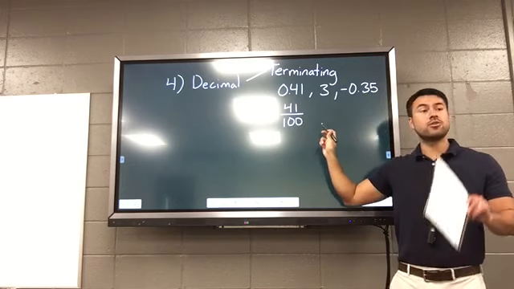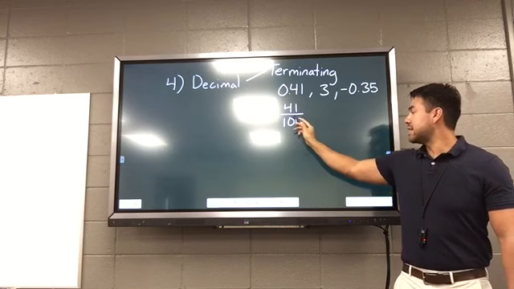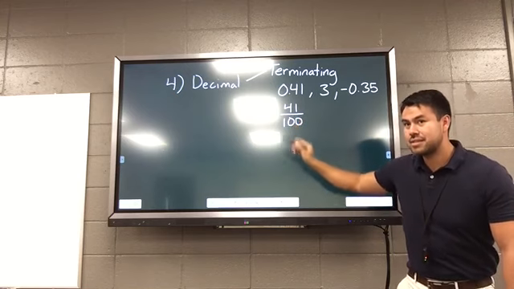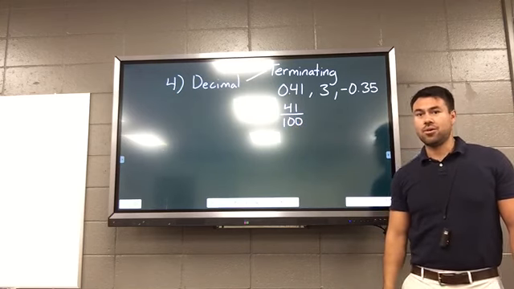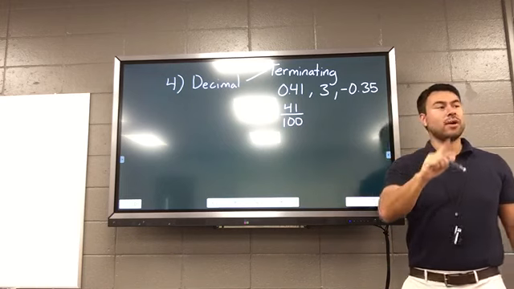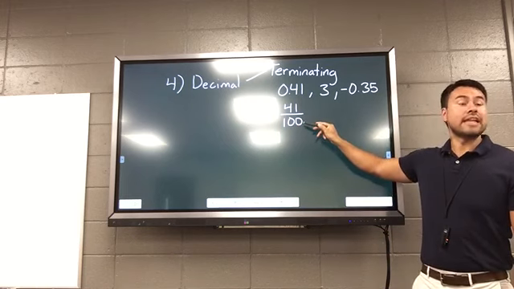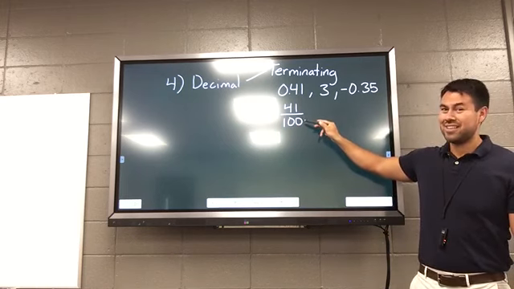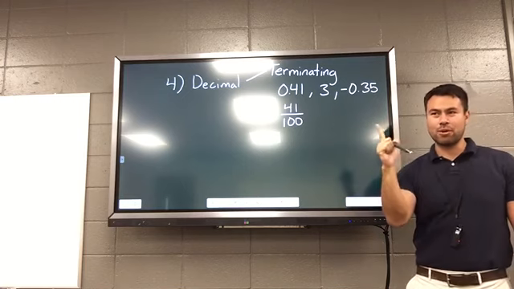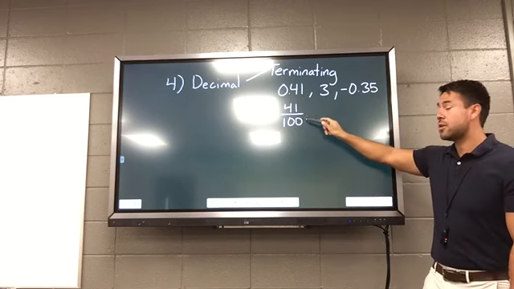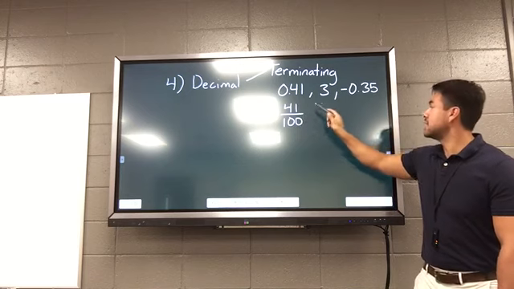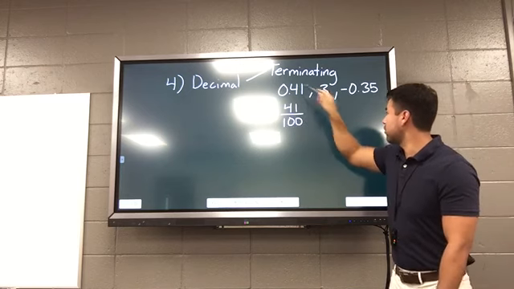Is this denominator 0? No. I'm going to ask it a different way. Is this denominator not equal to 0? Yeah, right? So hear it both ways. This denominator is not equal to 0. This is a rational number, therefore that is.